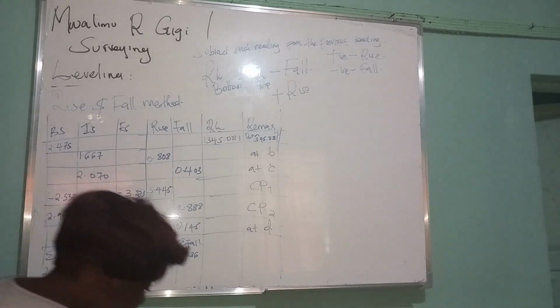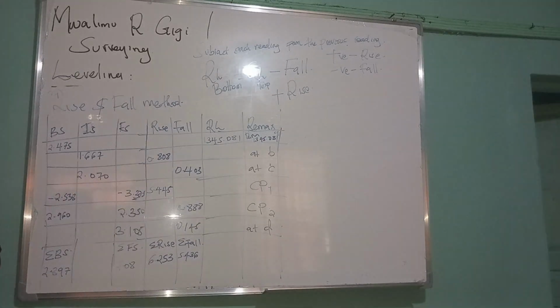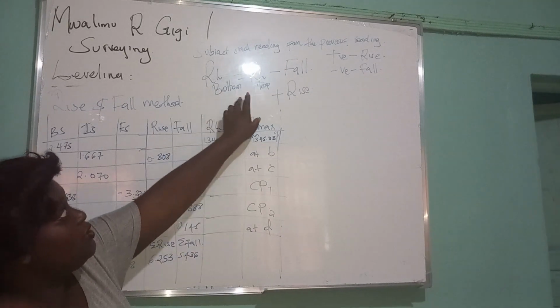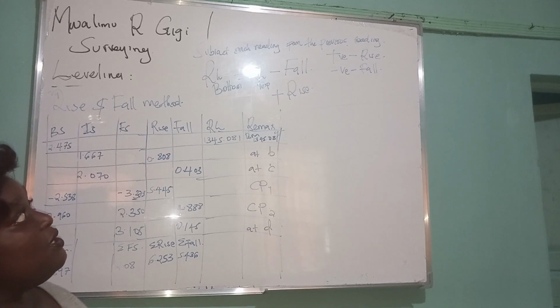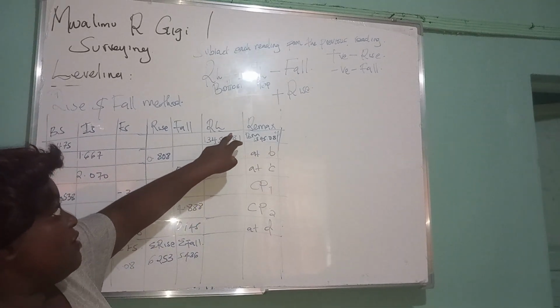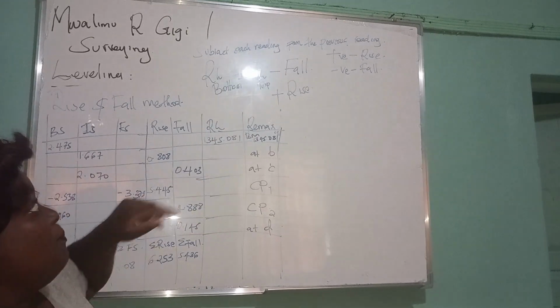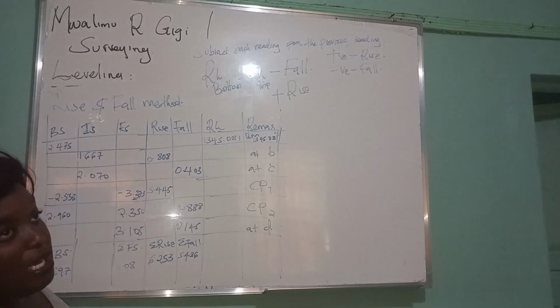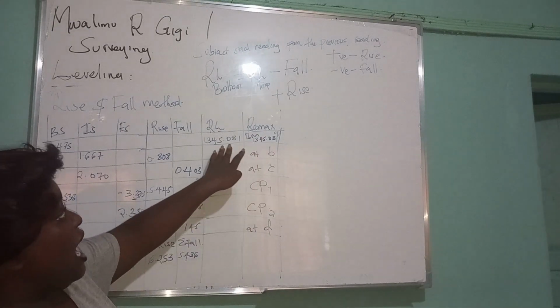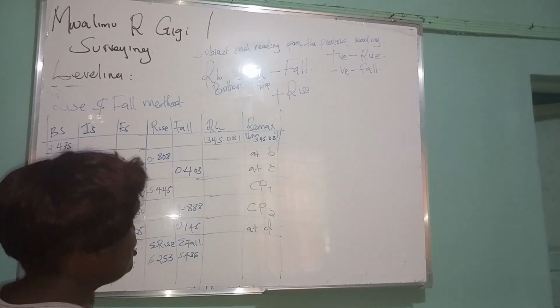So we can now do the reduced level. We have said that the reduced level at the bottom is equal to the reduced level at the top plus a rise, or if it is a fall, minus fall. So at point A, we have a reduced level. What about point B?